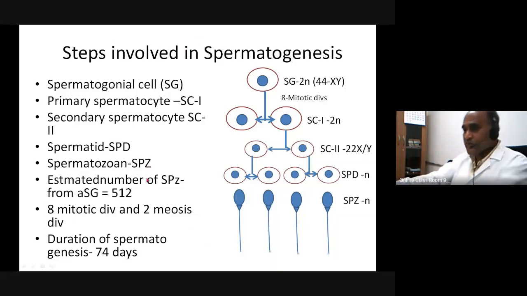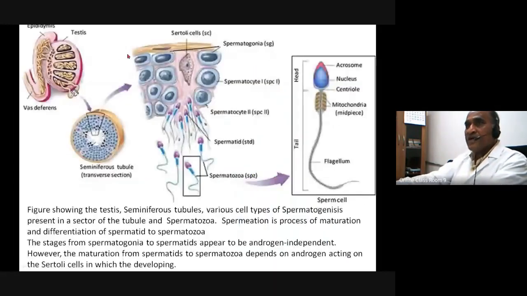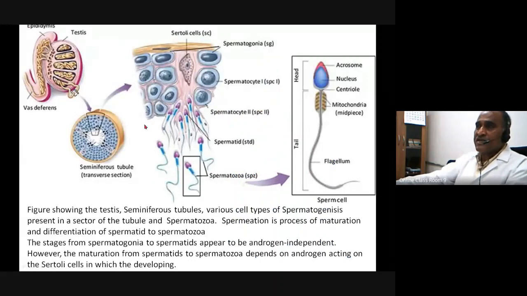Okay, this is one component. Then comes the same thing, which I have taken from a book. We have the testis, and these are the seminiferous tubules. This is a transverse section of one sector of the seminiferous tubule, and you have the Sertoli cell there. The Sertoli cell has these germ cells associated with it.